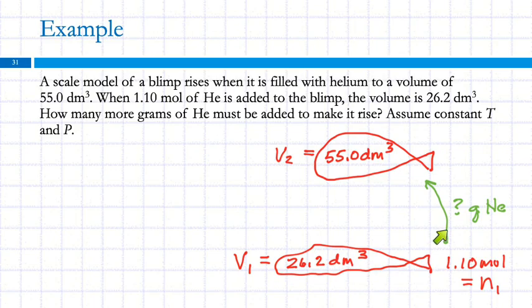Now, the gas law is not going to tell us directly how much gas we need to add in grams. What can we calculate using Avogadro's law? The number of moles, right? We have V1 over N1 equals V2 over N2. We have V1 and V2, and we have N1. We can calculate what N2 is.